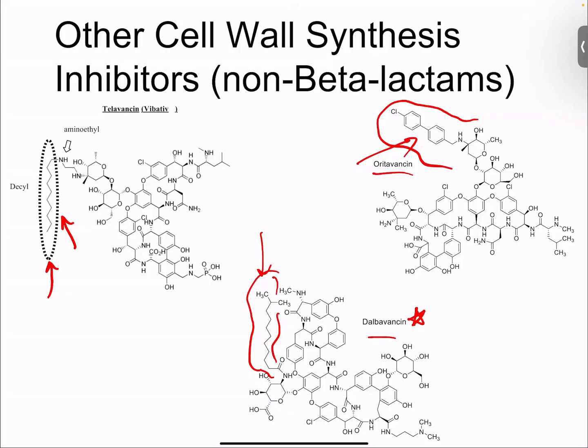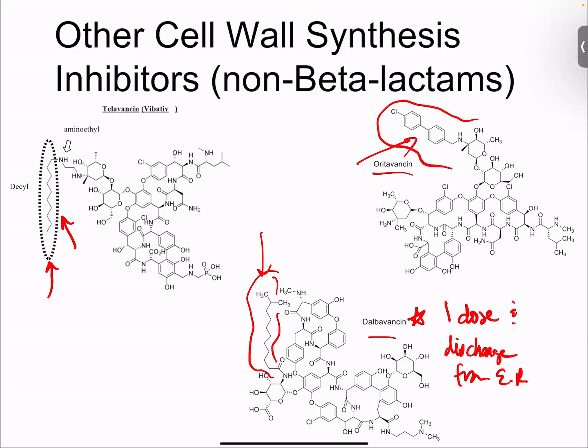Instead of admitting patients for IV vanco, if we give dalbavancin 1 dose in the ER, then we don't have to admit the patient. So there's criteria for who can receive dalbavancin. But because of the long half-life, we don't have to give multiple doses, just 1 or 2 doses.